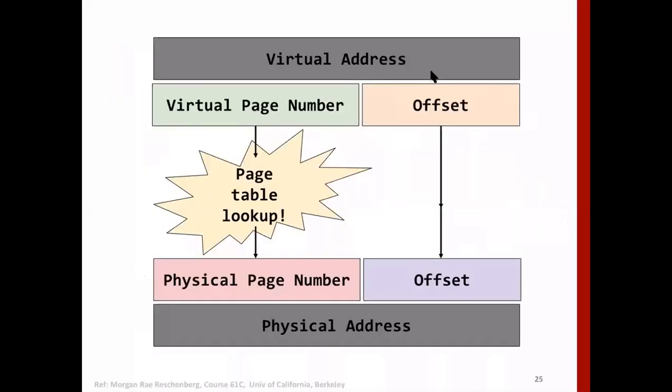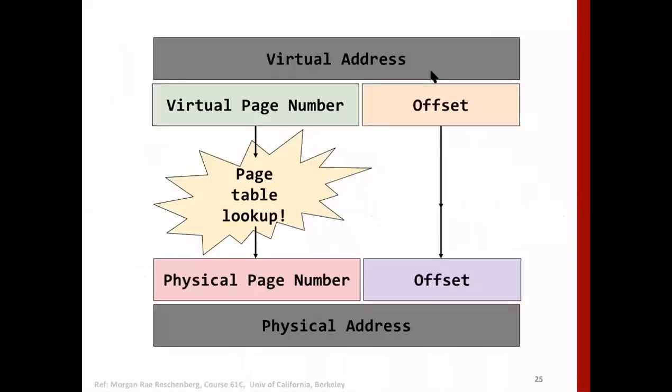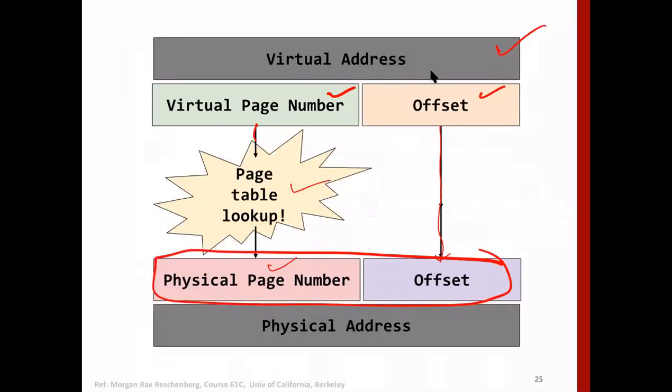Then we have a mapping from virtual page number to physical page number, and then the offset, and this is the actual physical address. The virtual address is split into two parts: virtual page number and offset. We convert the virtual page number to the physical page number using the page table, the offset is taken as it is, and both combined give the physical address.